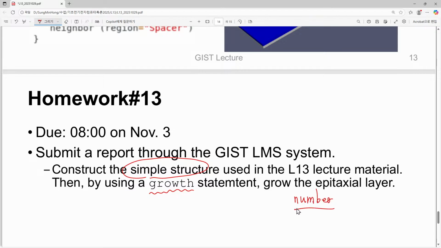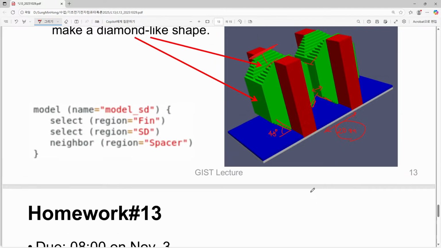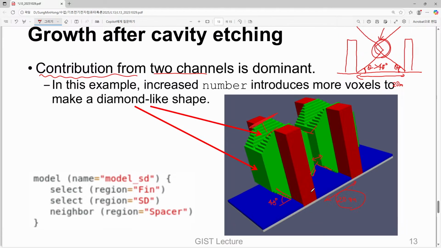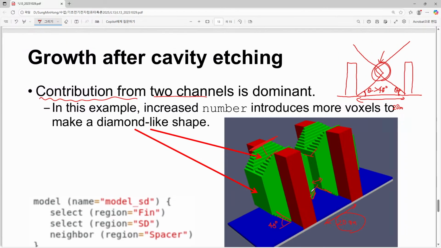So with different number specifications, you can build a smaller epitaxial layer and a larger epitaxial layer. That is your own exercise. Please enjoy this one, and of course you can also try to make a merged one or an unmerged one, and if you increase this number further, then eventually you will find the beautiful diamond structure.